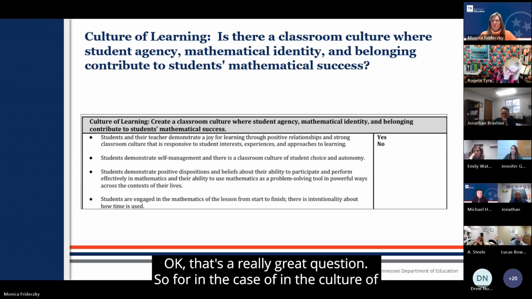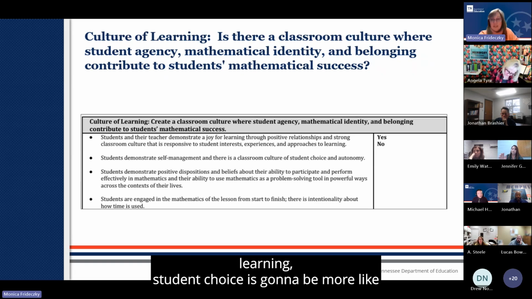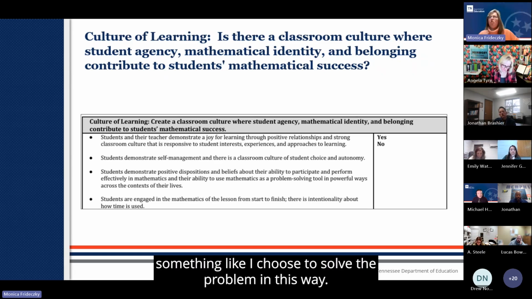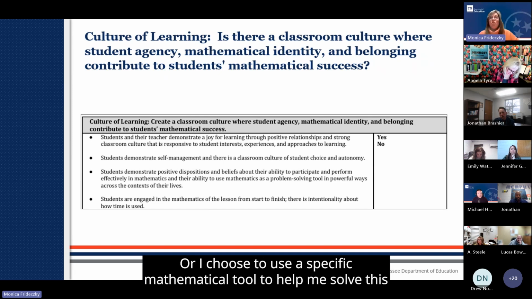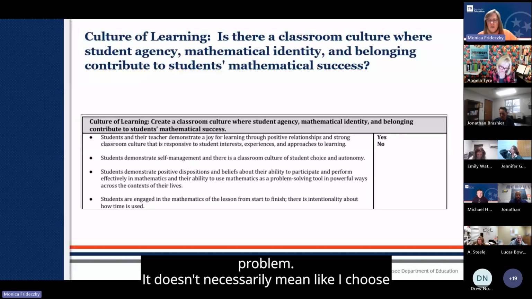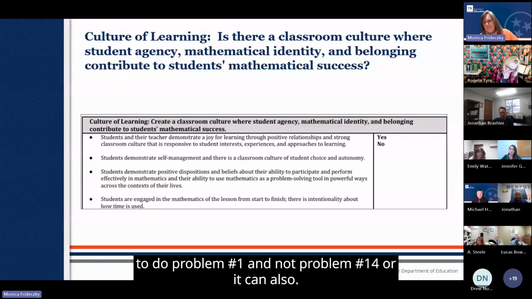In the case of the culture of learning, student choice is going to be something like, I choose to solve a problem in this way, or I choose to use a specific mathematical tool to help me solve this problem. It doesn't necessarily mean I choose to do problem number 1 and not problem number 14.